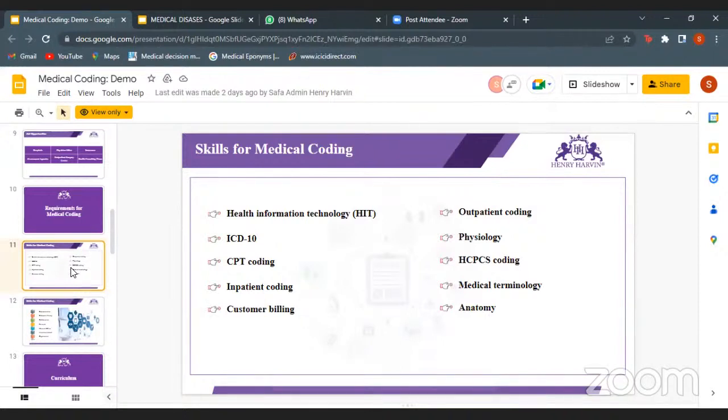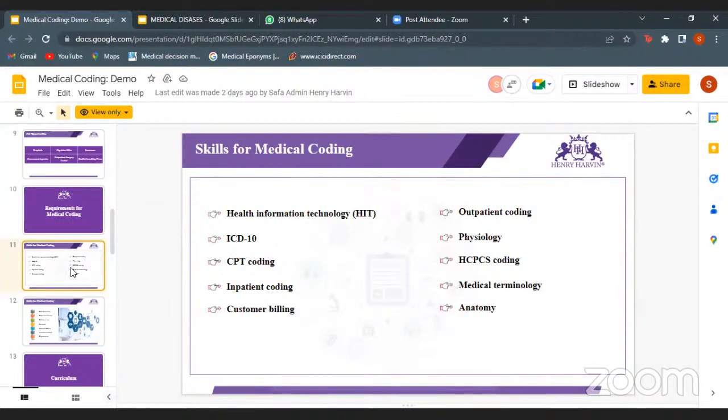This is mainly done for the hospital. And then customer billing: the coder and the biller work side by side. The coder will generate the code, the biller will generate the bill. Then outpatient coding, which I told you has two parts: outpatient surgery as well as the outpatient doctor's office visit.